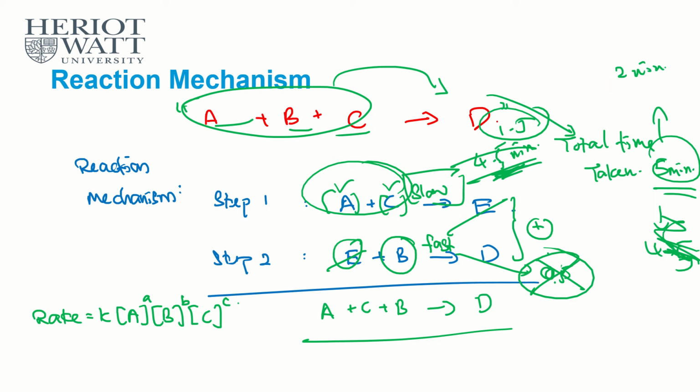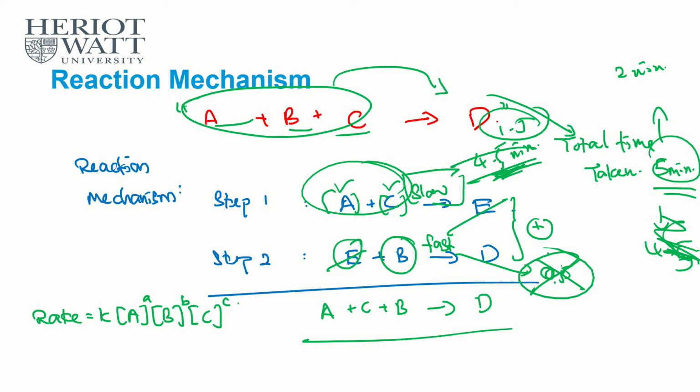Are you getting me? So we would rather increase the concentration of the reactants in the slow step as compared to the fast step, because in the fast step, no matter how high the concentration used, the most discount you can get from the time is 0.5 minutes, because it itself is already fast. So the focus should be given to the slow step, which takes up a lot of time, and if we can reduce the time taken in the slow step, it reduces the overall time taken significantly.